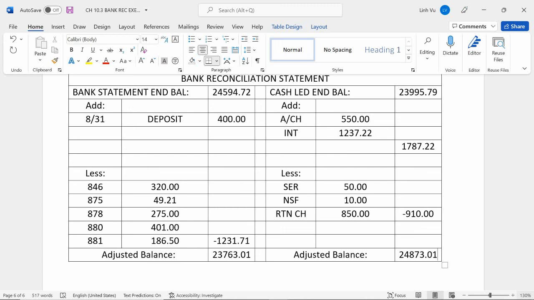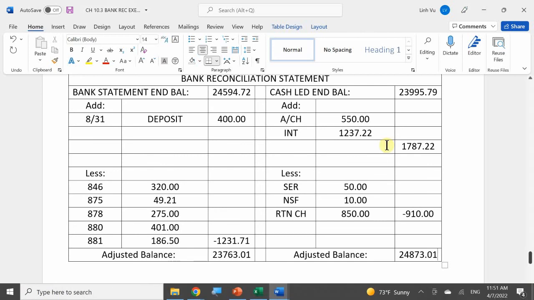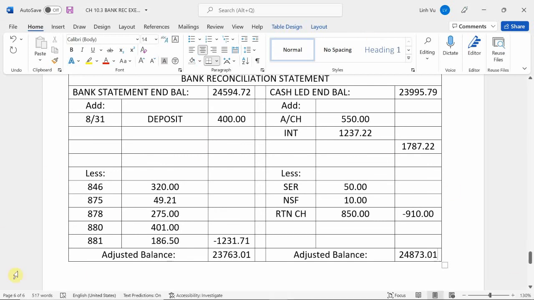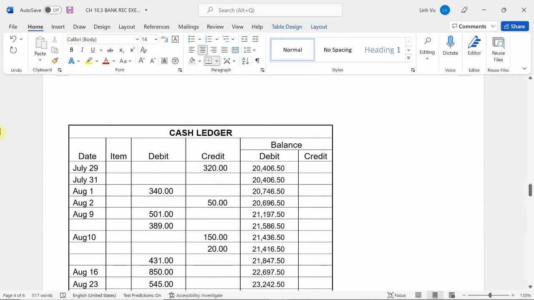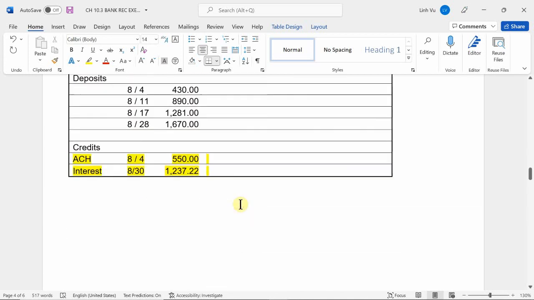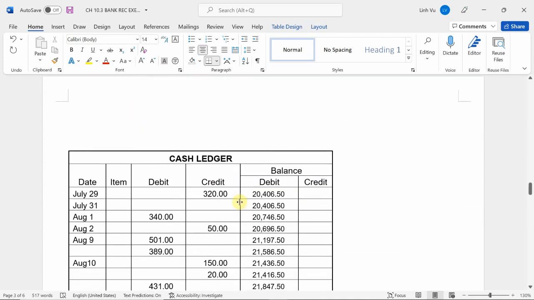Okay, so now that you know that there's an imbalance, right? So what do you need to do next? You need to now go through every single transaction to find where a possible mistake can be, or where you have possible money laying around. So in this case, the first thing is checking out our cash ledger, because a cash ledger is going to tell us a lot of information against our bank, okay?